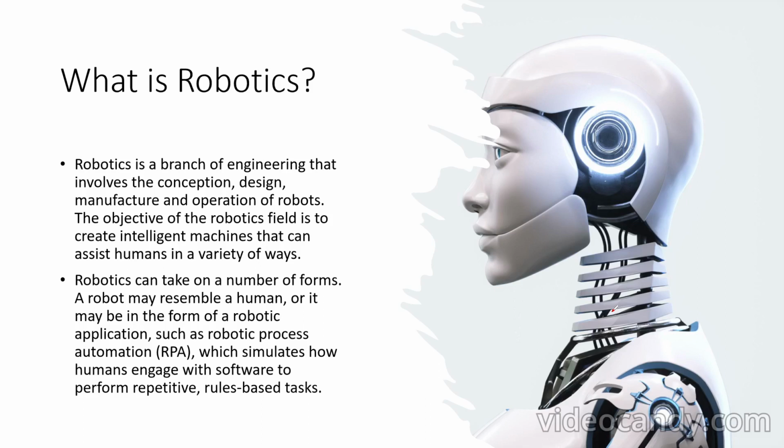And robots can be of any form. It may resemble a human, or it can take a car form, or drones. Drones, as a form of robot, are known as UAVs, unmanned aerial vehicles and everything.